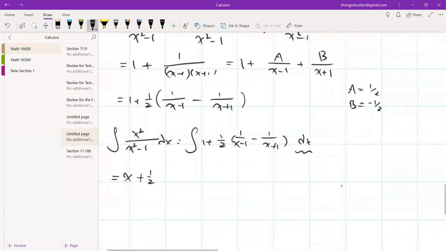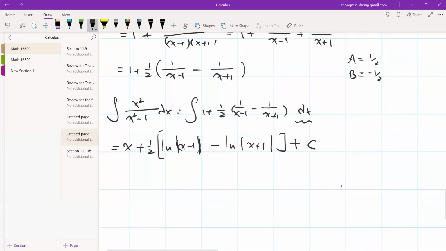All right. So the integral of 1 is just x. Then the next one is the integral of 1 over x minus 1. It's just the natural log of the absolute value of x minus 1. Then the third one, and plus a constant. Don't forget the constant. Okay, so that's it.